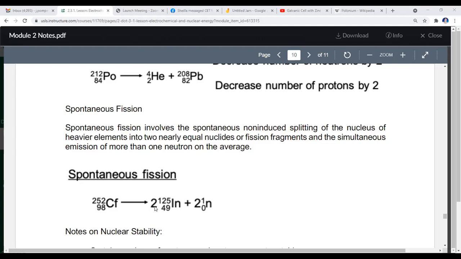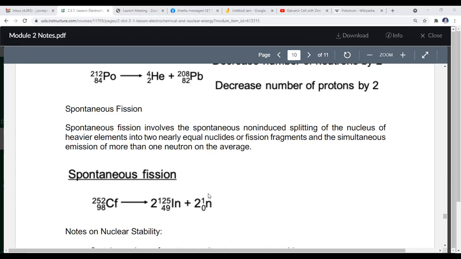When we speak of fusion, they fuse and become 1. When we speak of fission, they divide.